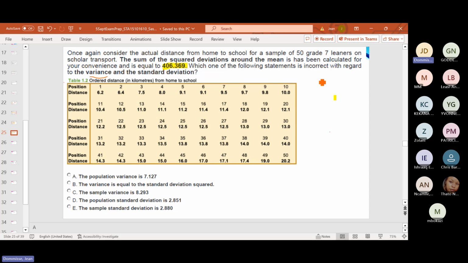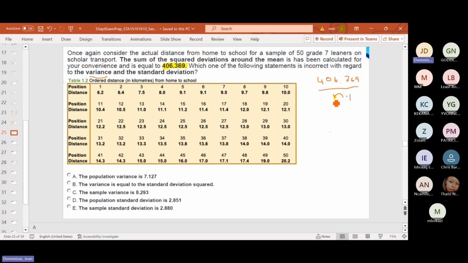So remember, then variance will be 406.369 divided by n minus 1. So remember, for sample, it is n minus 1. For population, it will just be n.